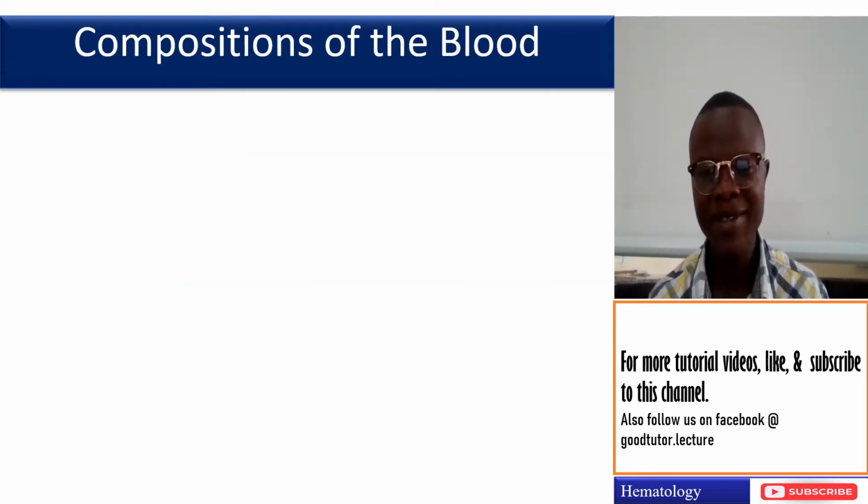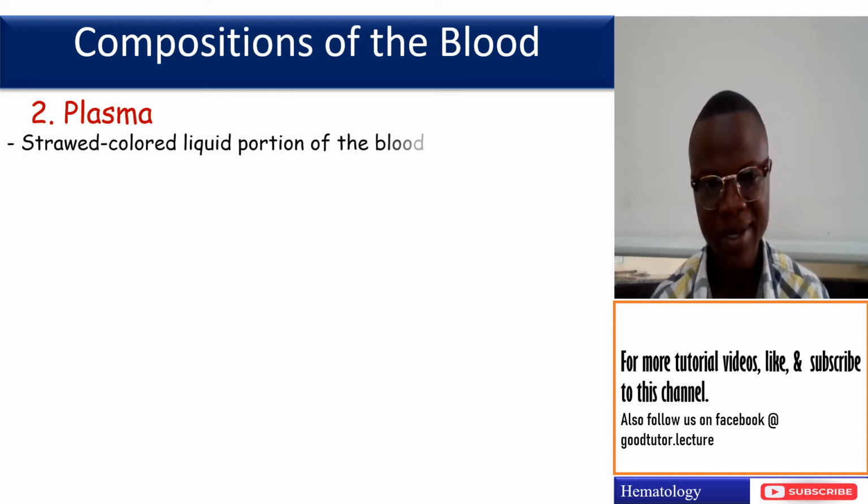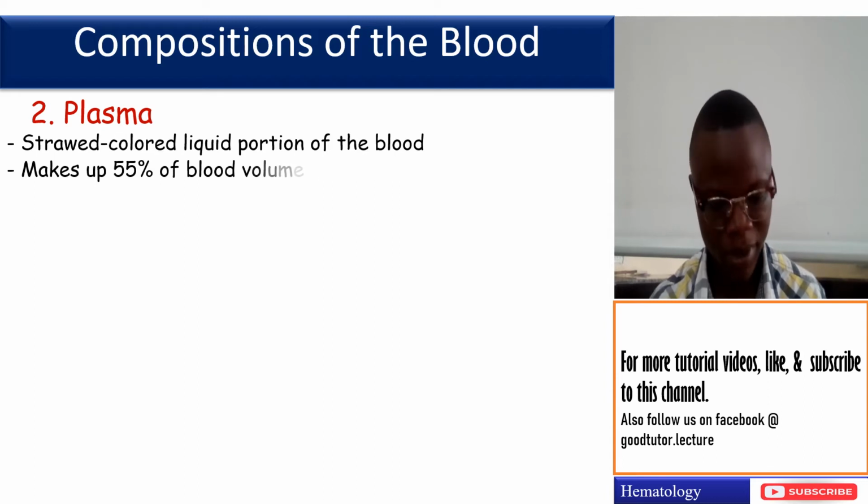We will begin our discussion of the composition of the blood looking at the plasma. The plasma is the straw-colored liquid portion of the blood as we saw, and it is the most abundant portion.